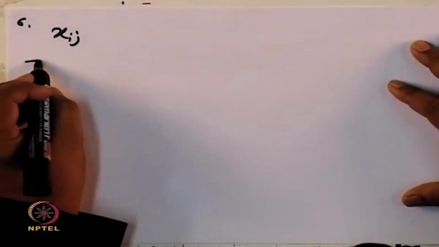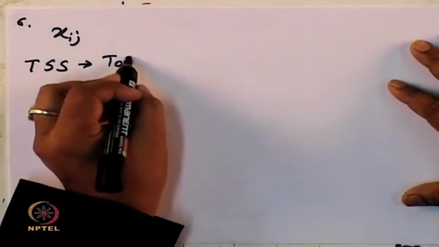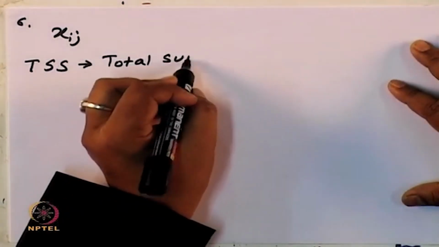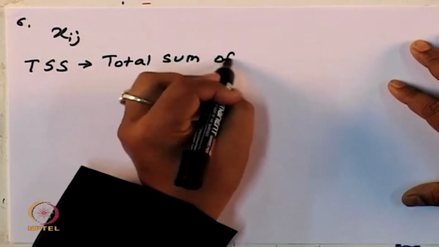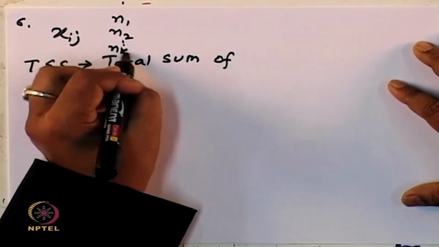So, what do you do? As I said, x_ij is your jth measurement from the ith sample. You calculate the following quantities. TSS is the total sum of squares, and you have samples drawn of sizes n1, n2, up to nk.